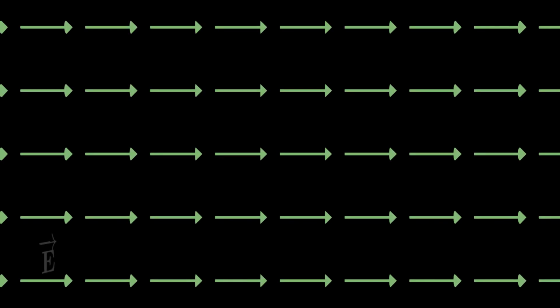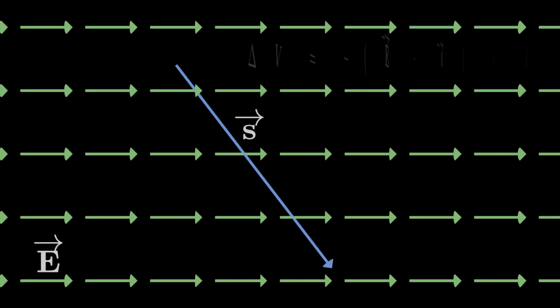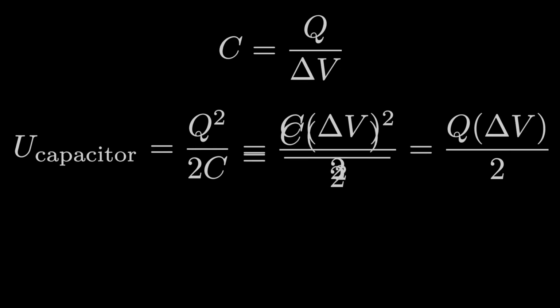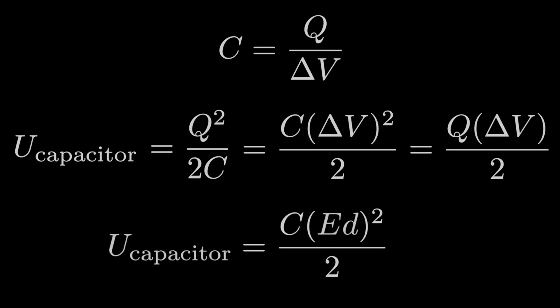Well, we remember that for a uniform electric field, we can write the potential difference as just negative E dot s, where s is the position vector between the two respective points we care about, and E is the electric field. Then if we only care about the magnitude of the potential difference between the capacitor's plates like we do here, we can write it as E times d, where d is the distance between the plates and E is the magnitude of the electric field between the plates.